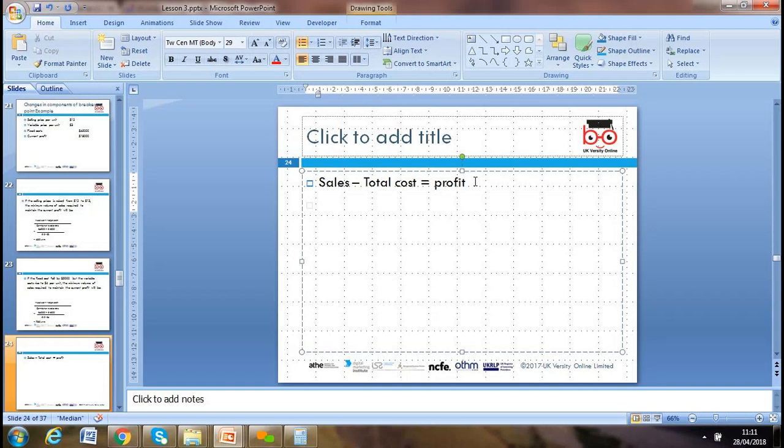Selling price is 450, right? But we don't know how many units we are selling, so we write the units in the form of X, like 450X. Yes, that's fine. What is my total cost per unit?